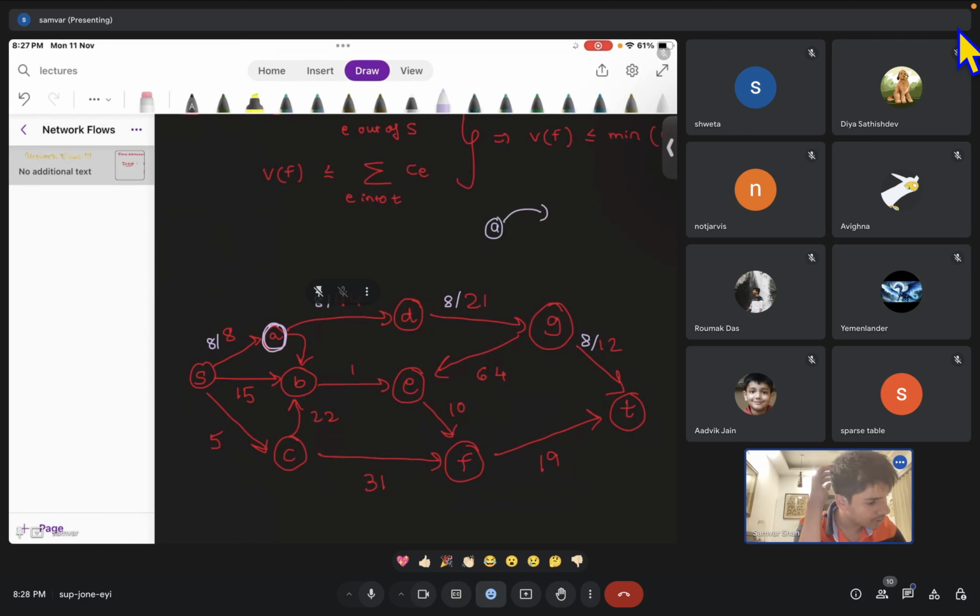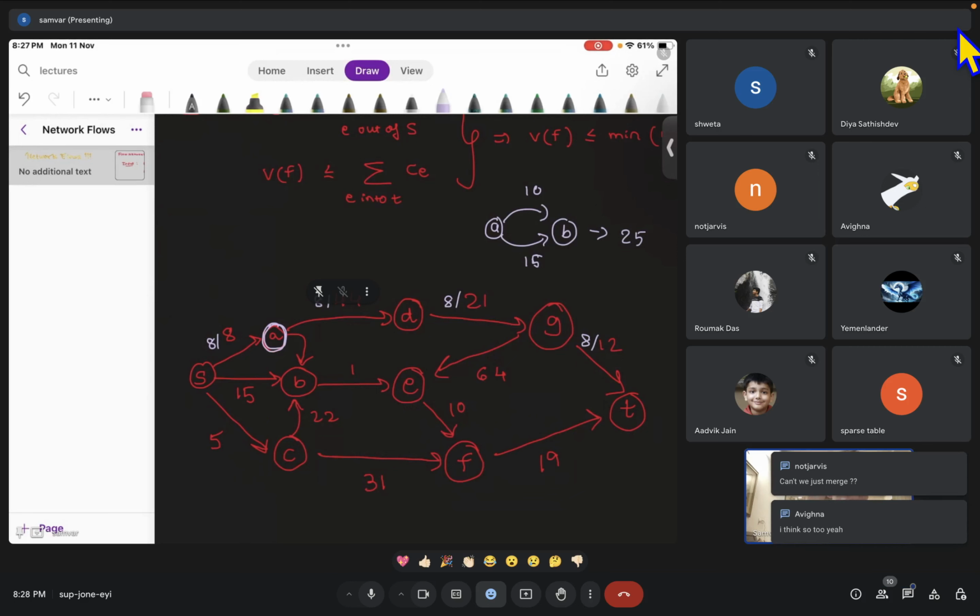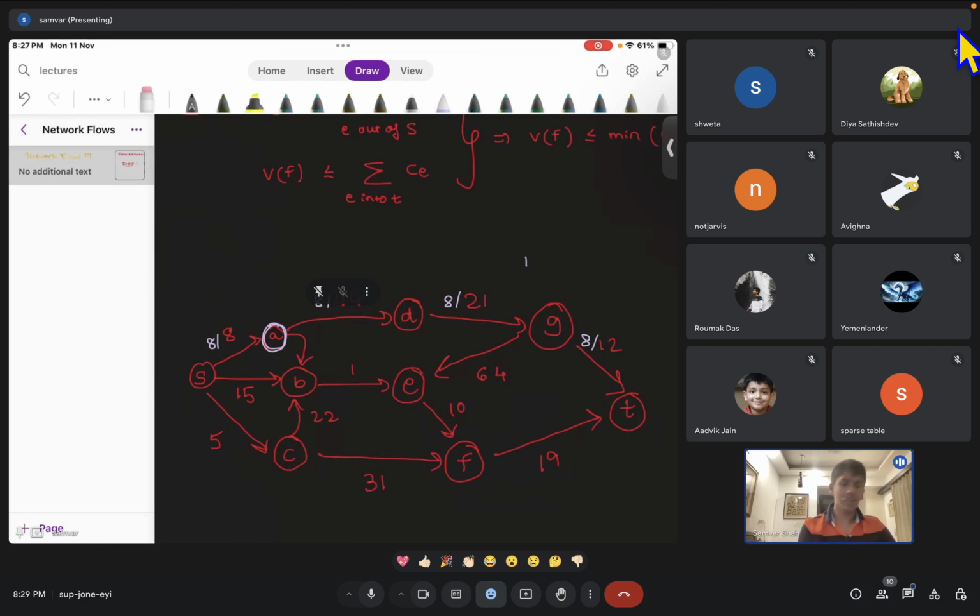If you have this, and this has capacity 10 and this has capacity 15, that could be broken to just a 25 capacity edge. You could just do that. Yeah, you can just merge. Exactly, what you're saying is right. But let's avoid that complication for now.